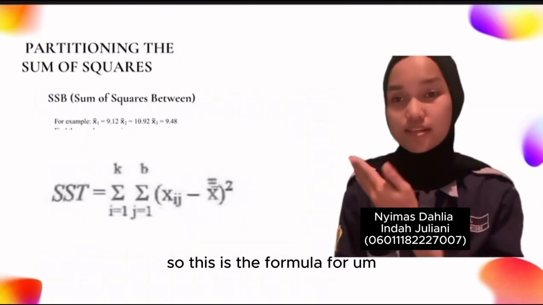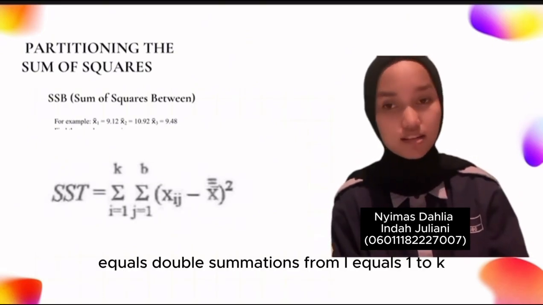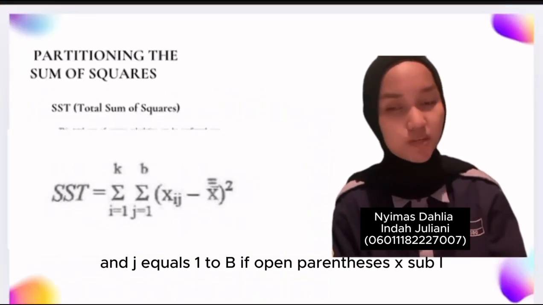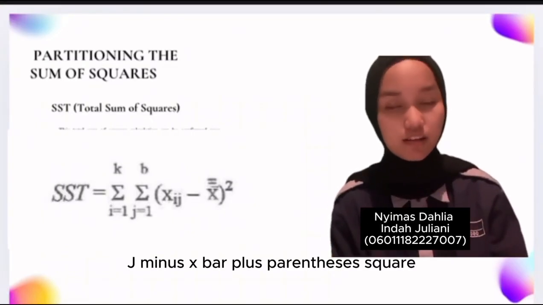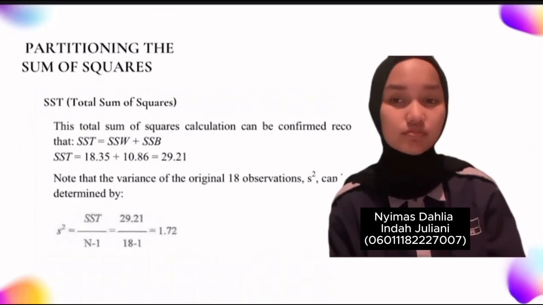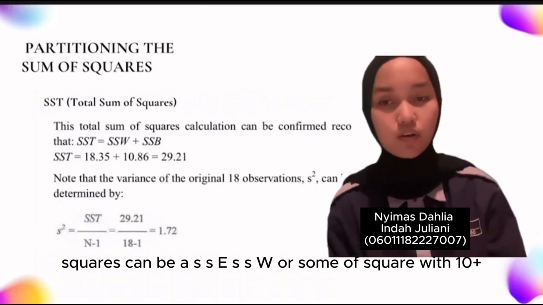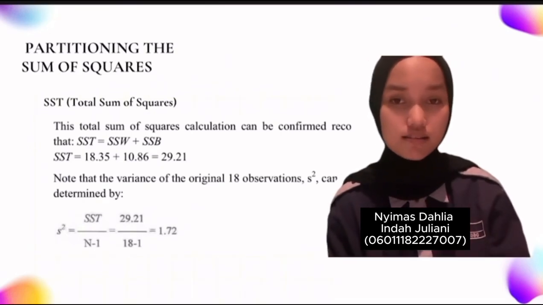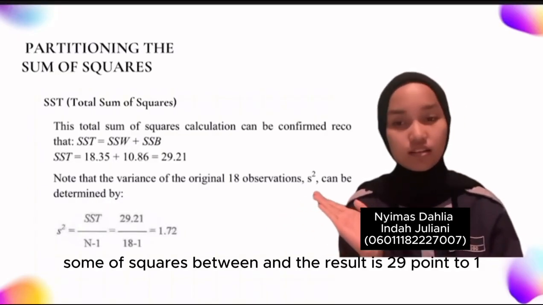This is the formula for the total sum of squares: the double summation from i equals 1 to k and j equals 1 to n sub i of (x sub ij minus x bar) squared. Also, the relationship is that the total sum of squares, SST, equals SSW, the sum of squares within, plus SSB, the sum of squares between, and the result is 29.21.